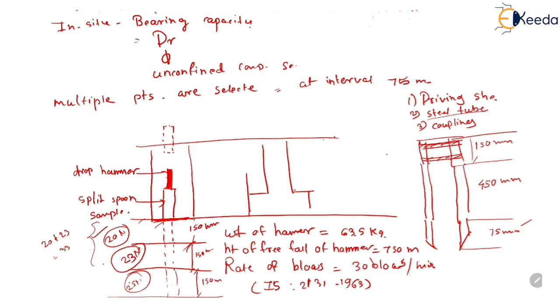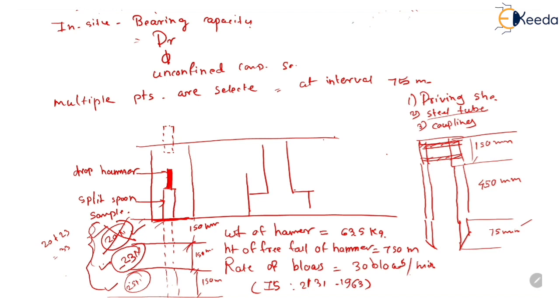So for the total 450 mm penetration, we require number of blows equal to 20 plus 23 plus 25. The number of blows recorded for the first 150 mm penetration is disregarded and the number of blows recorded for the last two 150 mm intervals are added to give the standard penetration number.